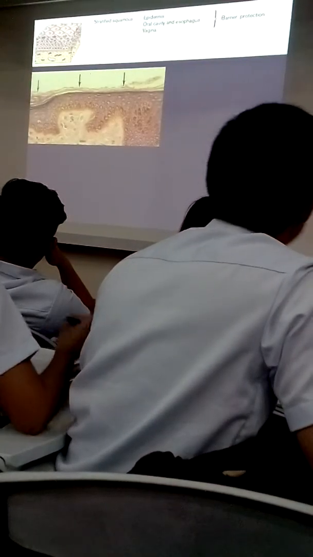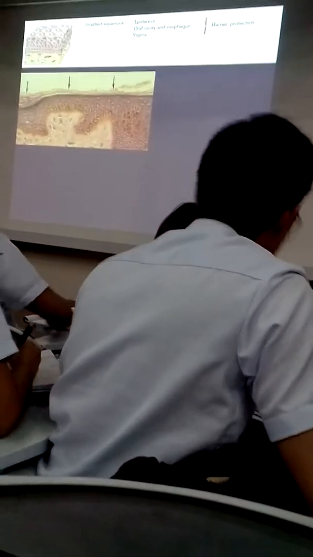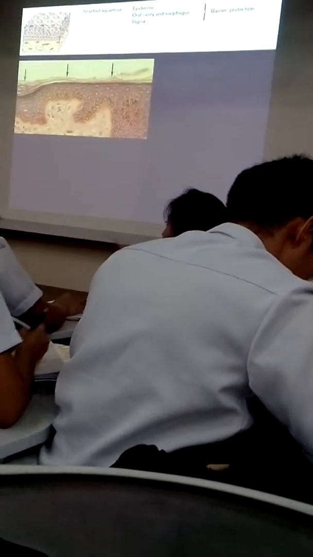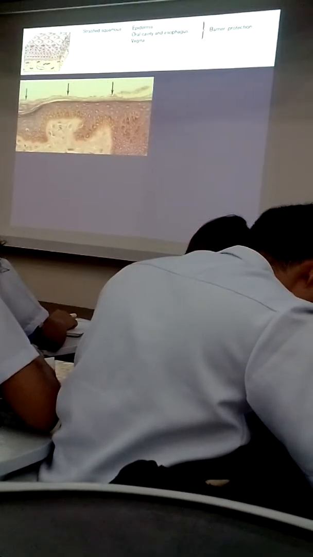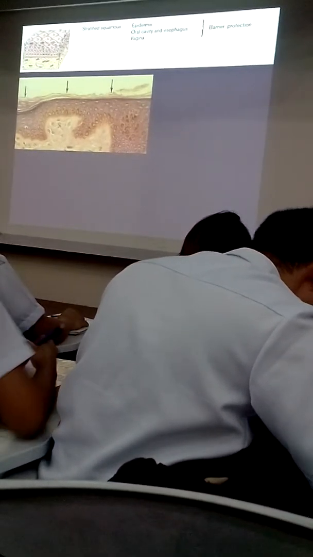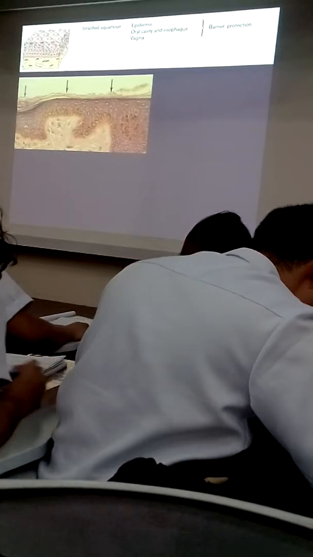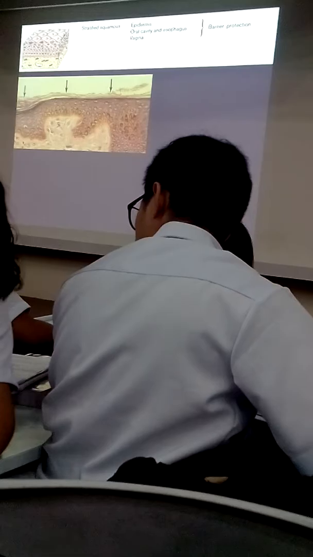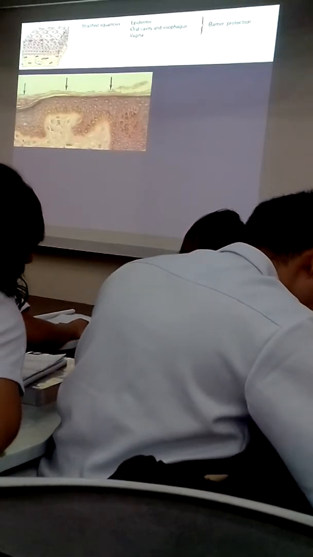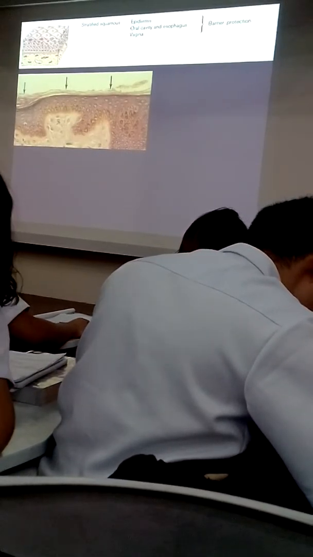Then we discussed the stratified squamous. The usual slide that is shown is that of the skin. So if you can see here, this is what I mentioned earlier, the keratinized stratified squamous epithelium of our skin. There are several layers of the skin. You can see there are still cells even close to the apical portion.